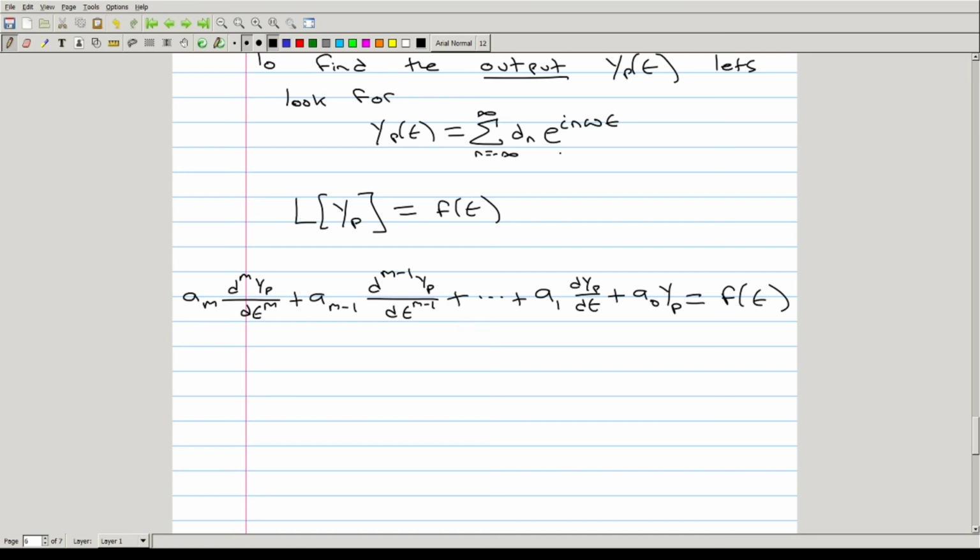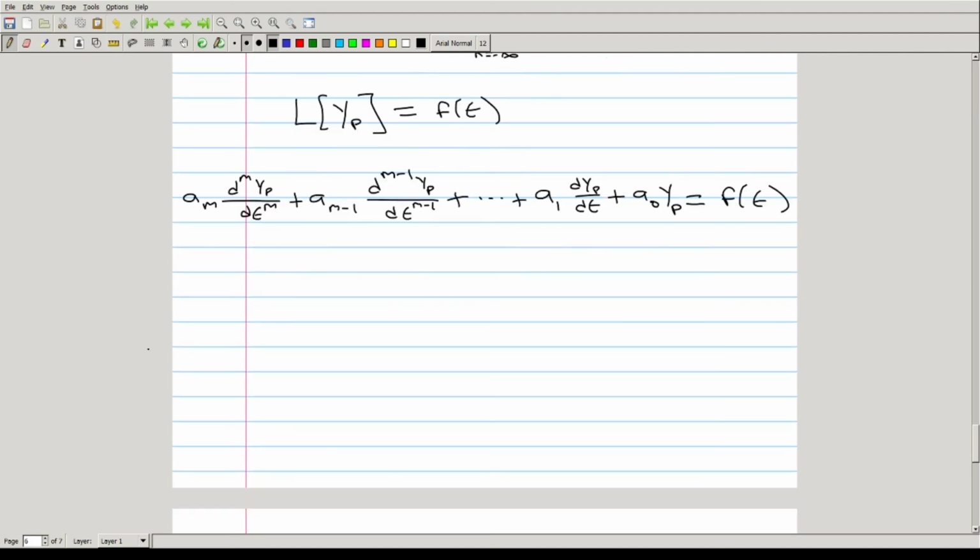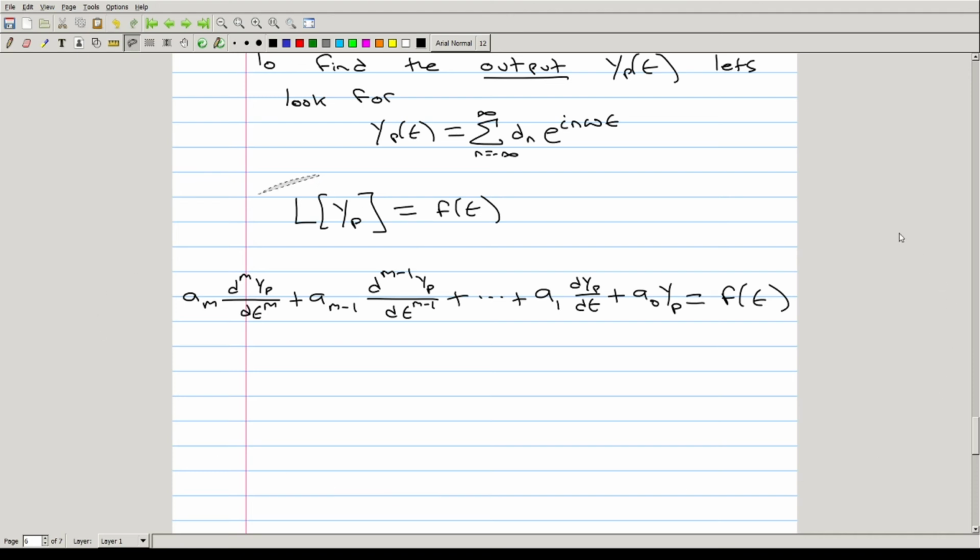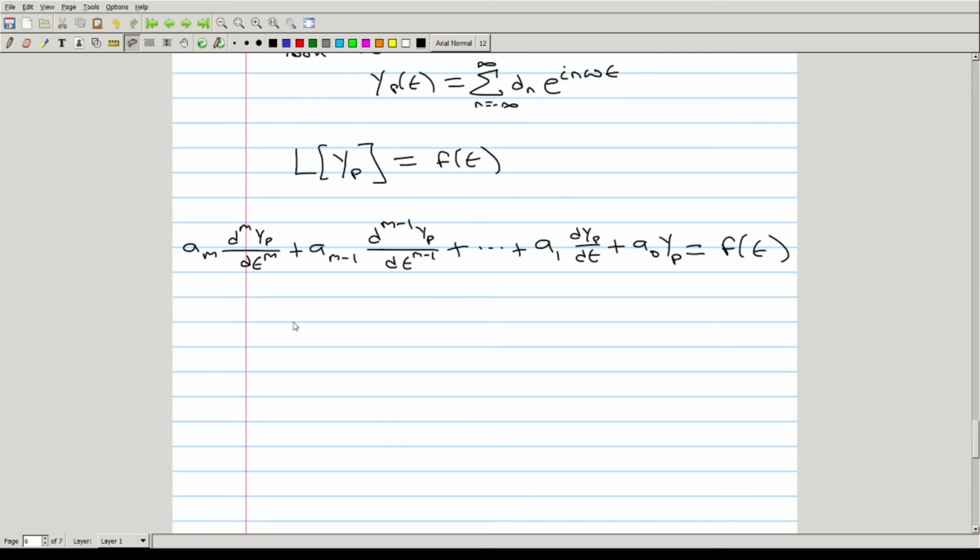And for any k, the kth derivative of yp is going to be the summation from n equal negative infinity to infinity of dn times I n omega to the k times e to the I n omega t.